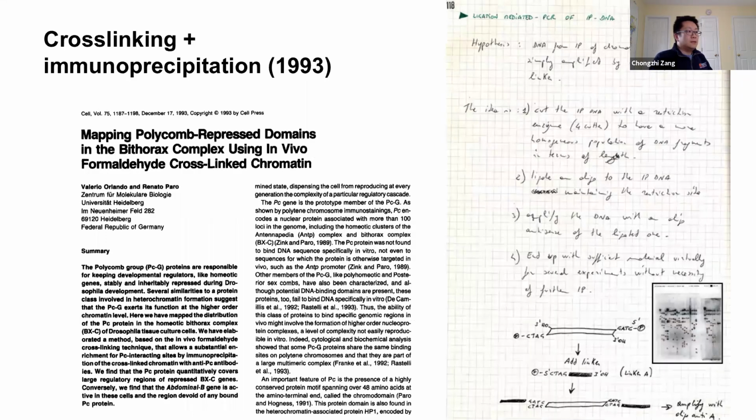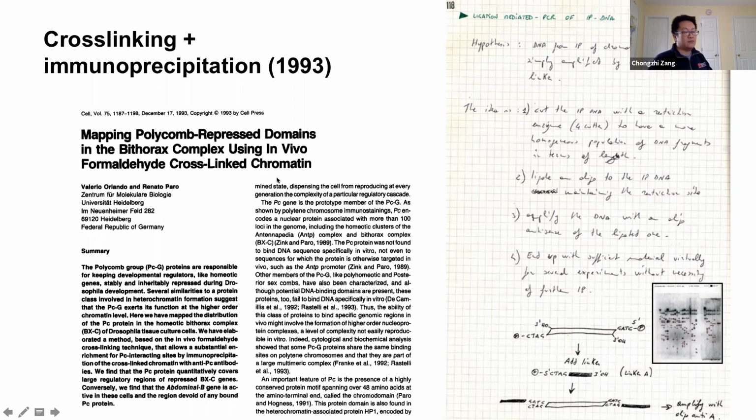Later, the first work combining cross-linking with immunoprecipitation to study protein-DNA interaction was by a German group in 1993, published in Cell. That is the first work using formaldehyde cross-linking of chromatin plus immunoprecipitation.